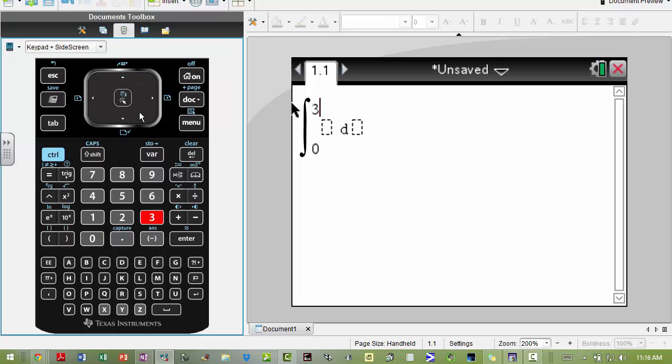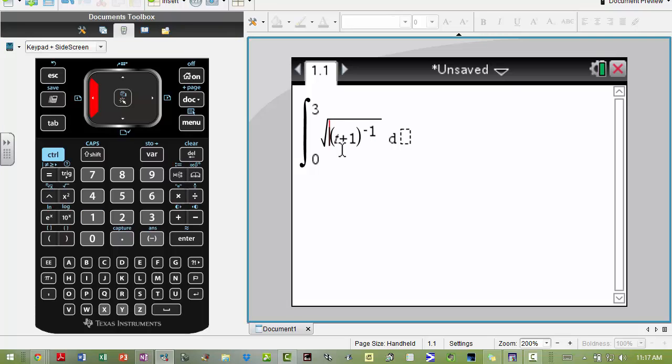To 3. The square root of (t plus 1) to the negative 1, square all that. And then I need another set of parentheses.